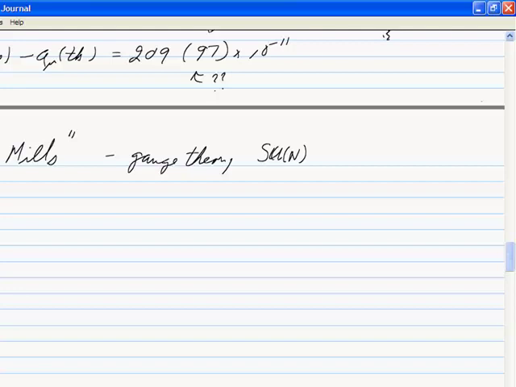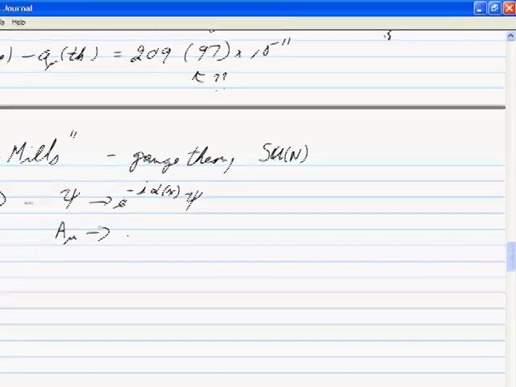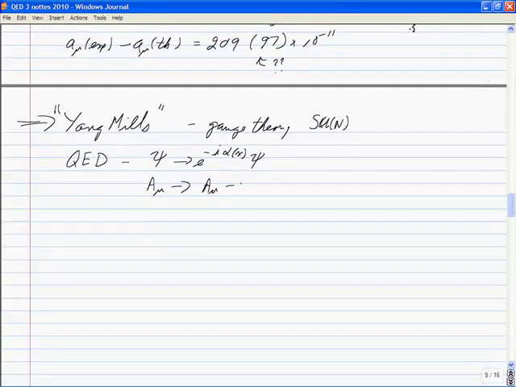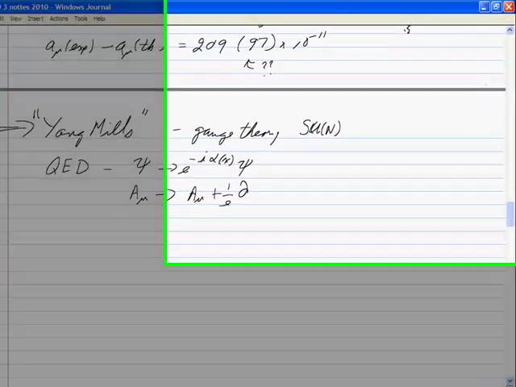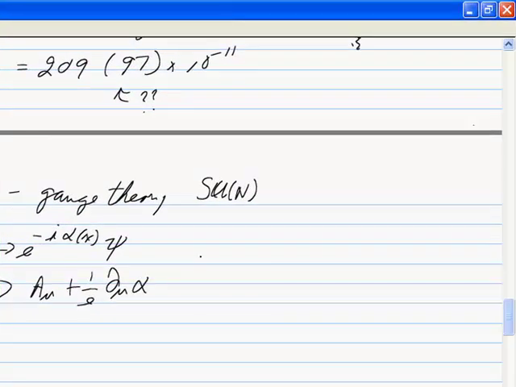So QED, if you remember, had the gauge symmetry that the field in QED goes to e to the minus i alpha of x times psi, just a phase, and the photon field goes to A mu plus 1 over e d mu alpha.